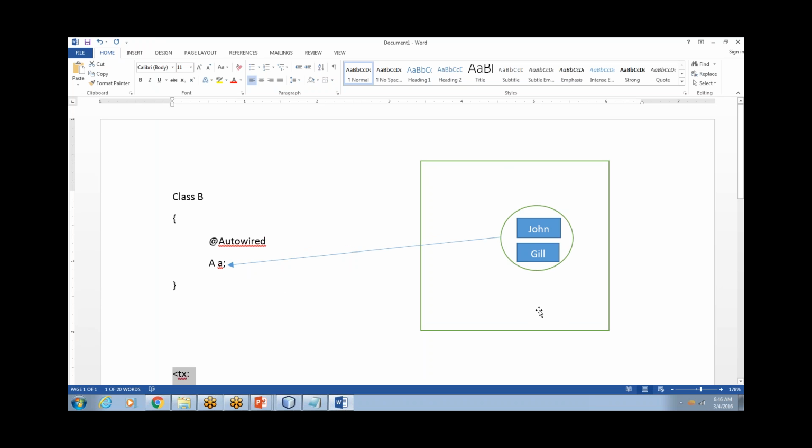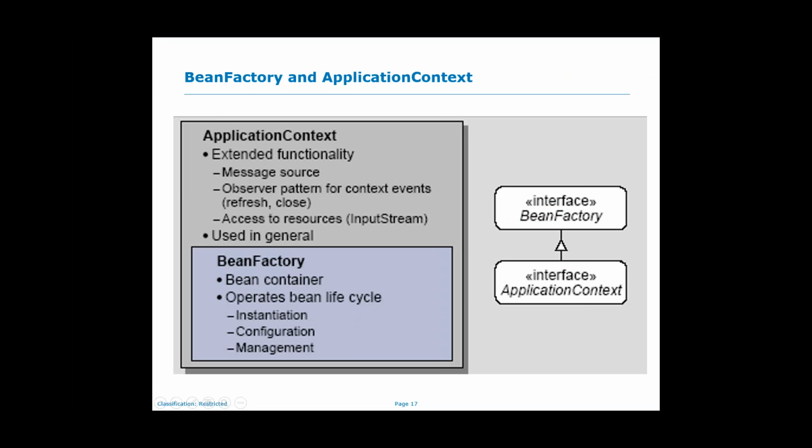When we say it is responsible for creating the bean, there should be some application logic inside the container that reads the configuration files and creates the objects out of them. So the logic for creating the beans is with the bean factory interface of the Spring container.